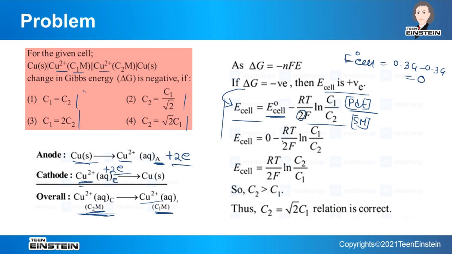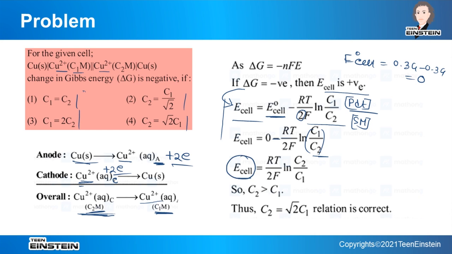Fine. Now E cell will be equal to RT by 2F ln C1 by C2. But we have to make E cell positive. So if we remove this negative sign, that means we have to interchange the positions of C1 and C2. Then only the negative sign can be removed. Now E cell is positive.